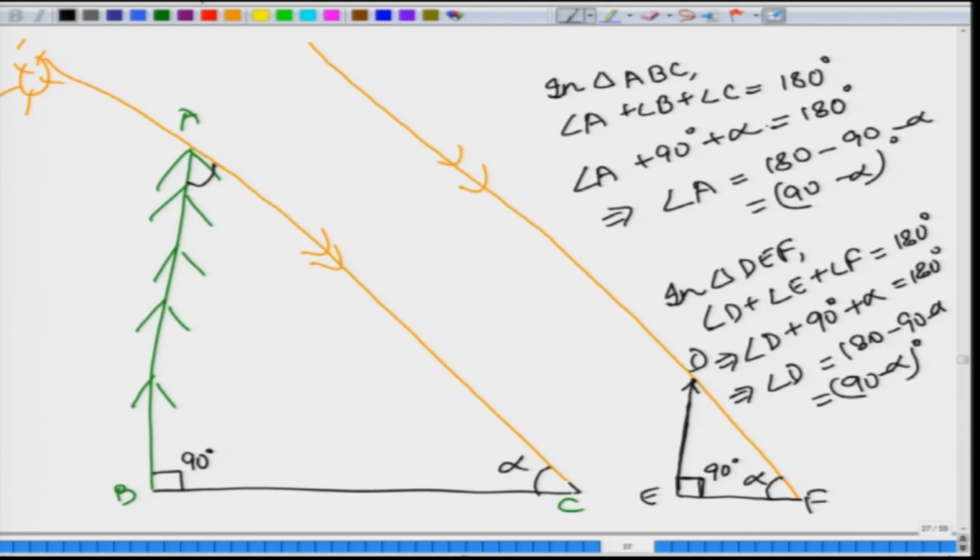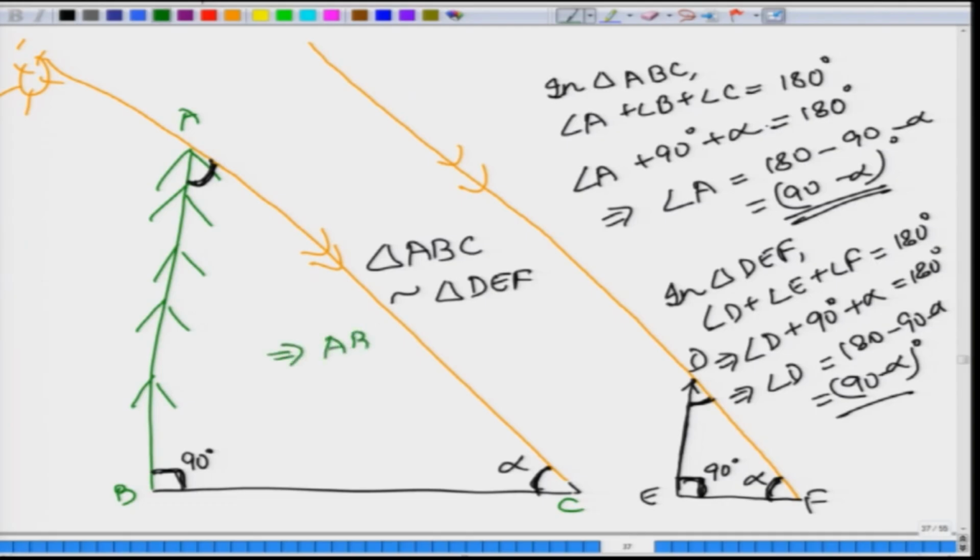So, in both these triangles, angle A is equal to angle D, angle C is equal to angle F, and angle B is equal to angle E. So, we can say that triangle ABC is similar to triangle DEF. Now, if two triangles are similar, it means that AB by DE is equal to BC by EF is equal to AC by DF.